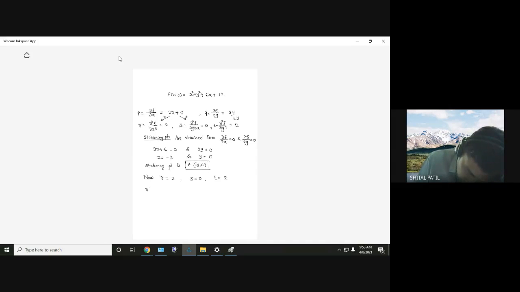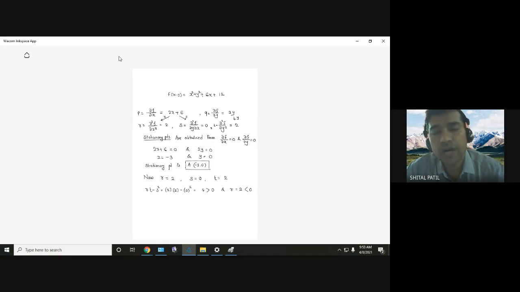Now write down r t minus s square. 4 greater than 0. And what about r, 2, greater than 0. So r t minus s square greater than 0 and r greater than 0.